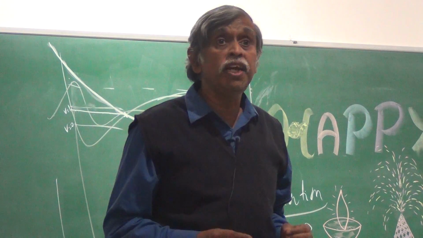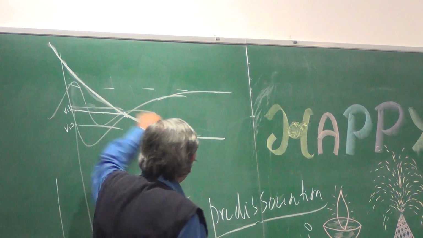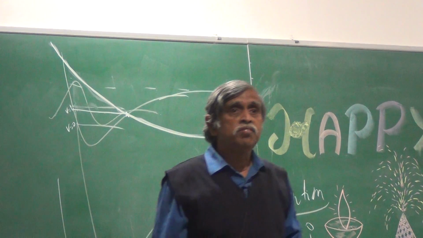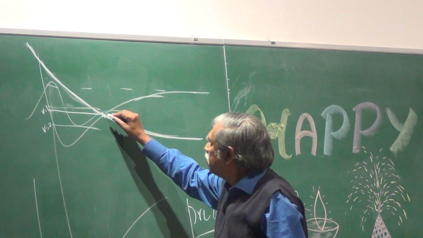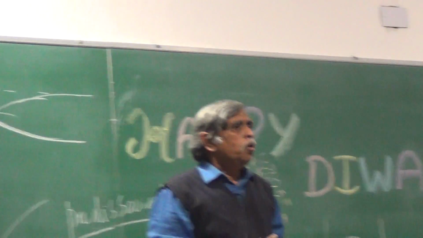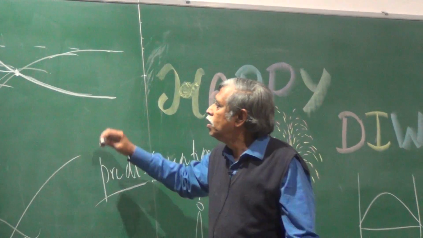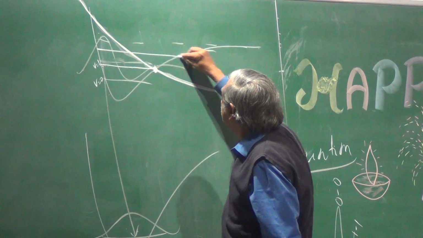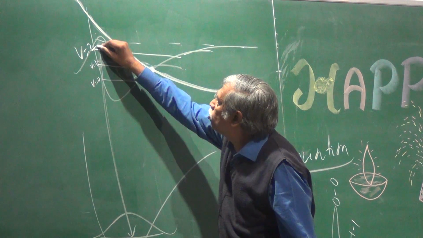And when will pre-dissociation occur? Pre-dissociation will occur if this state actually crosses a repulsive state. And if this vibration level and this vibration level and this potential here cross over it. What's the nice thing on this point here? How do we explain this? What about, supposing I go to V equal to 2 state?